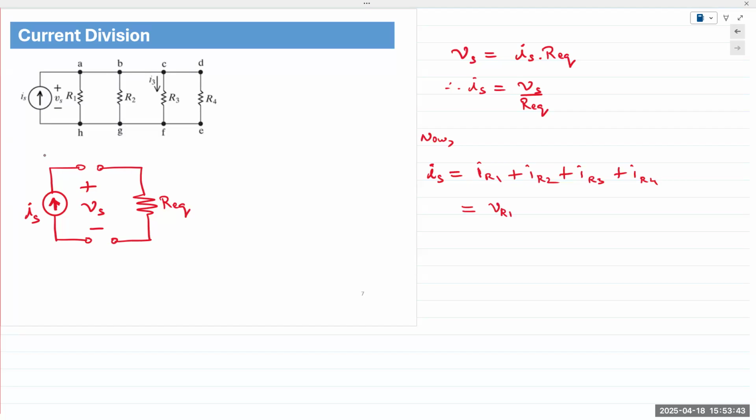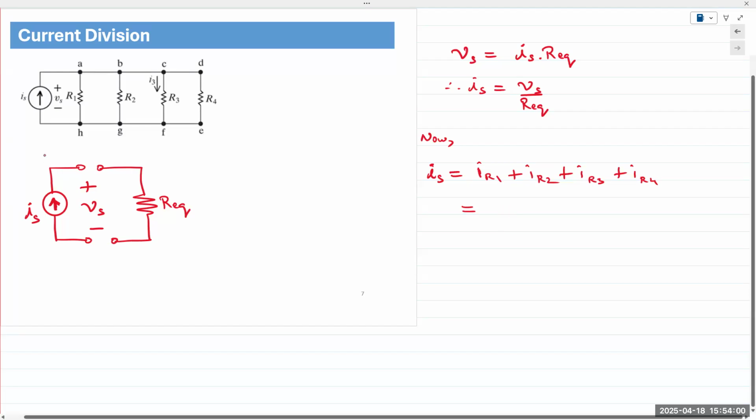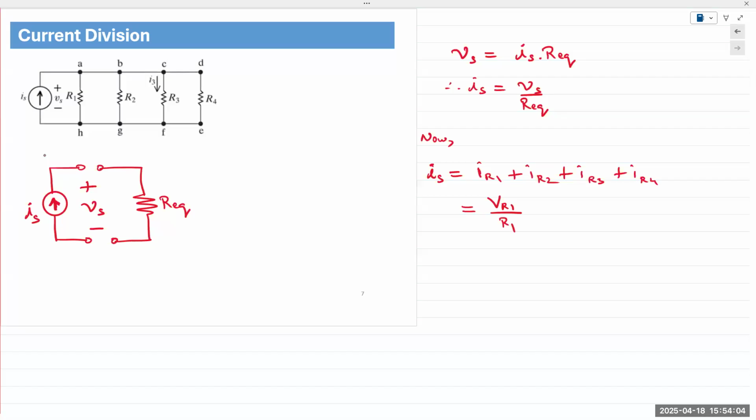I know the diagram from the book uses V1, but I like to refer and be specific, VR1. That removes all ambiguity. VR1 is the voltage across resistor R1. So VR1 over R1 plus VR2 over R2 plus VR3 over R3 plus VR4 over R4.